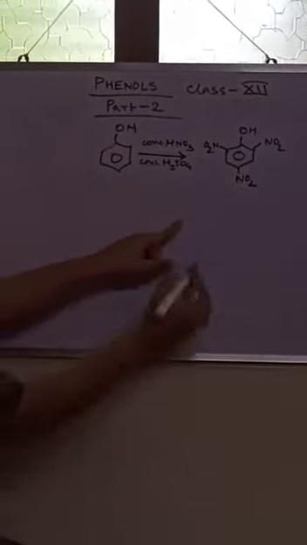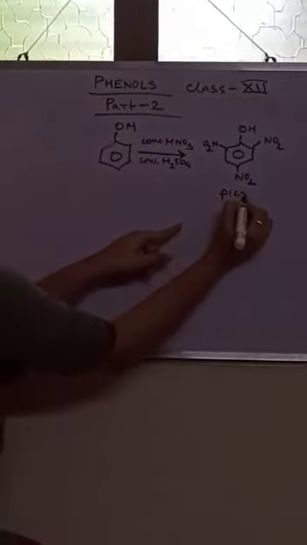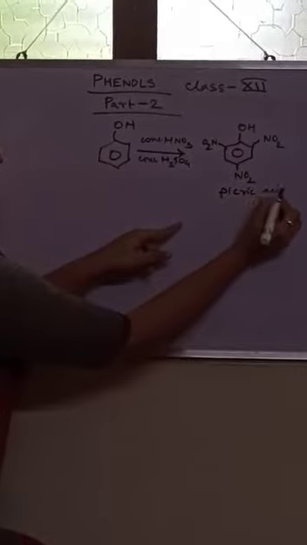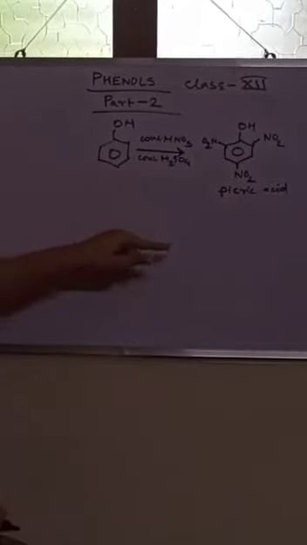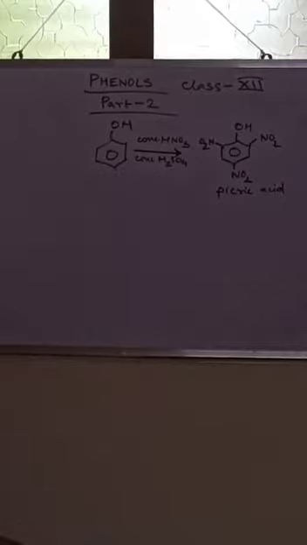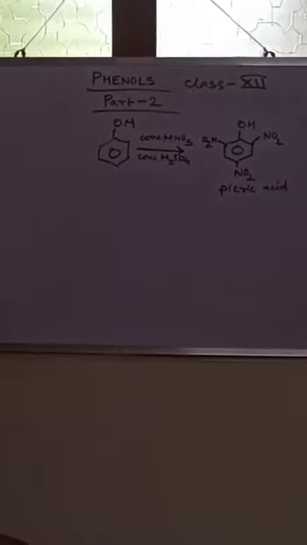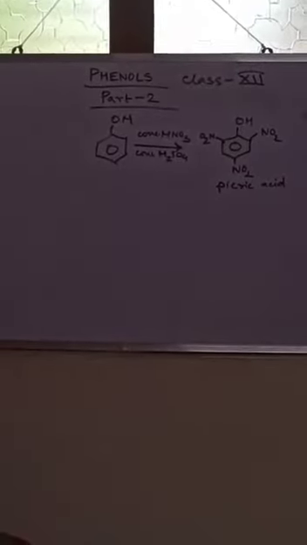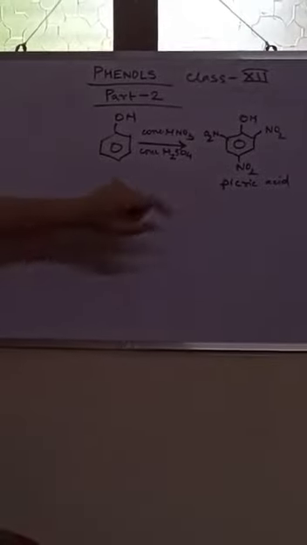But this 2,4,6-trinitrophenol is also known as picric acid. But the yield of picric acid by this method is very low, because concentrated nitric acid is a strong oxidizing agent which will directly oxidize the OH group of phenol. So the yield of picric acid is low.